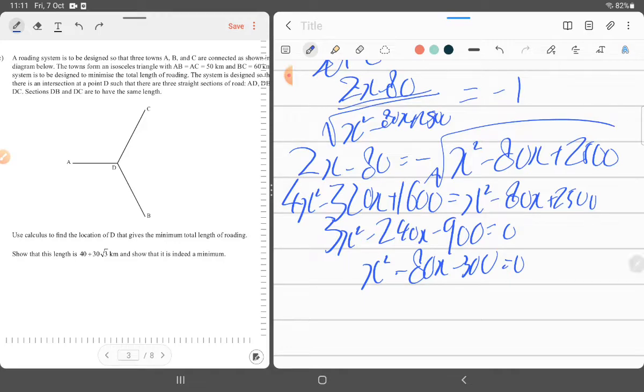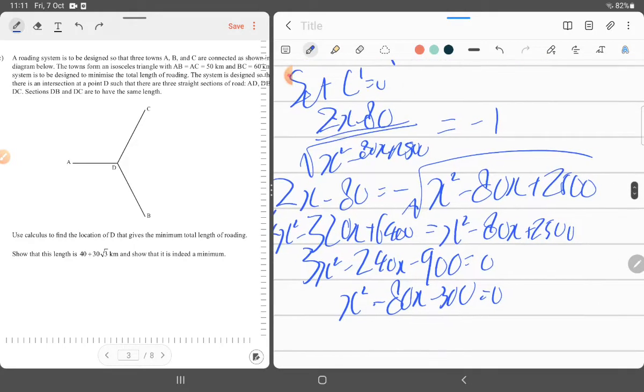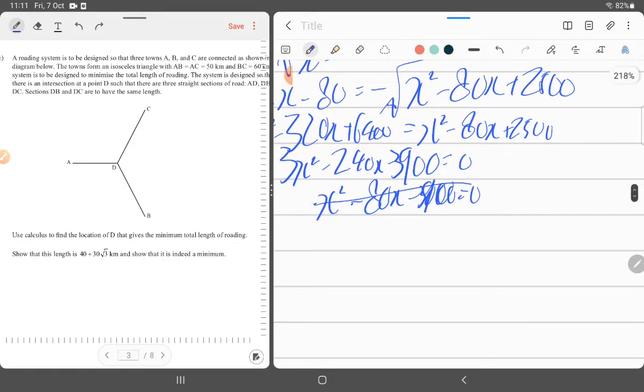Oh no, that's 6,400 take away 2,500, which is 3,900. Oh no, that creates x squared take away 80x take away 1,300 equals 0.